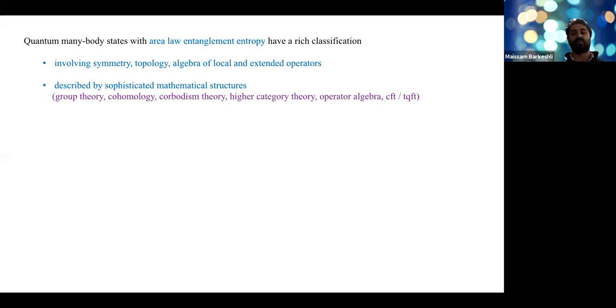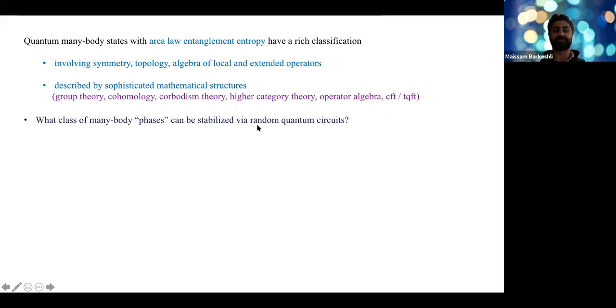The way to describe the different possible quantum phases of matter uses a lot of sophisticated mathematical structure: group theory, cohomology, cobordism theory, higher category theory, and so on. And these are subjects that I and many others are still studying to this day to try to understand the full scope of quantum phases of matter in equilibrium.